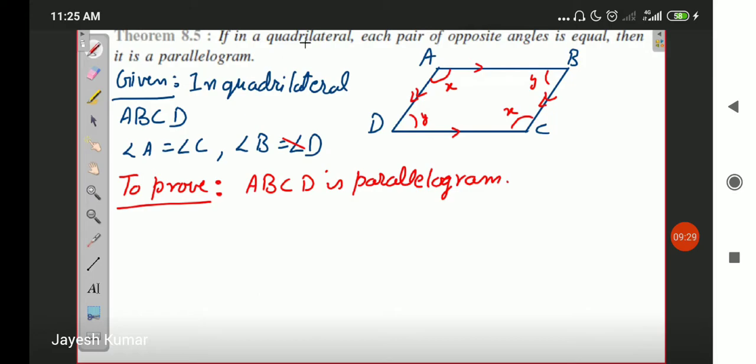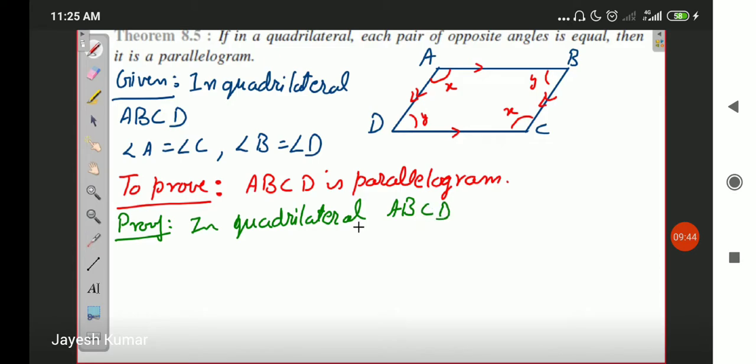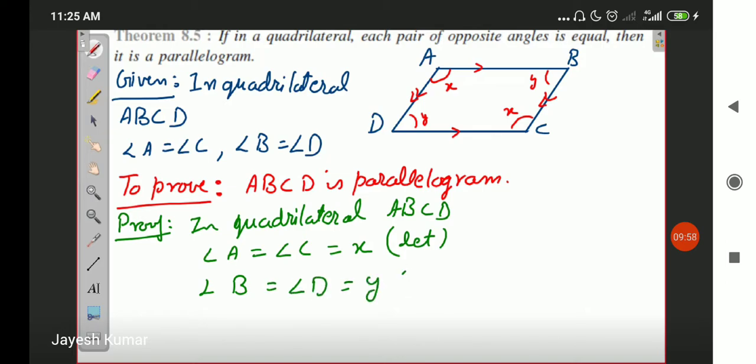See, in quadrilateral ABCD, we are given that angle A is equal to angle C, and let that be equal to x. Similarly, we are given that angle B and angle D are equal, and let those be equal to y.